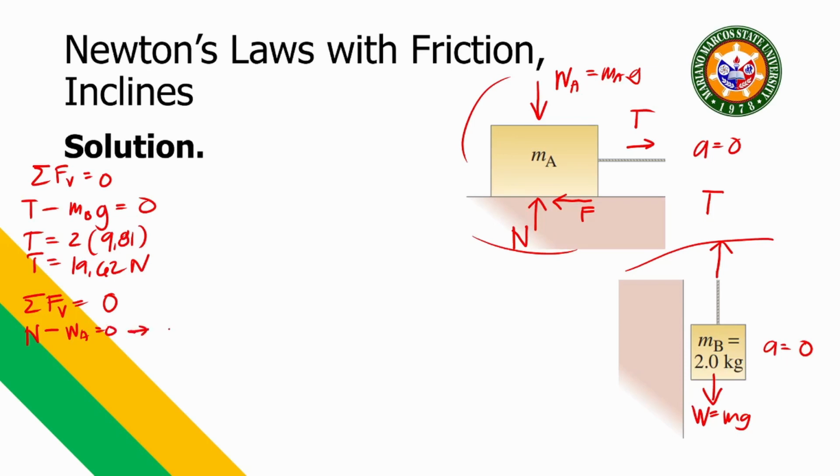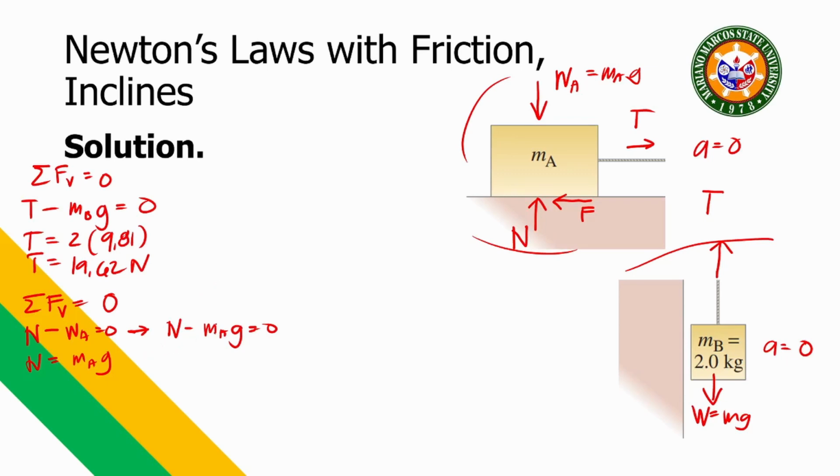So if you take a look at the weight of A, we substitute, the mass of A is unknown. So MA multiplied by gravity is equal to 0. Let us move this MA g to the other side. So N will be equal to MA multiplied by gravity. So we do not yet know what the mass of A is.